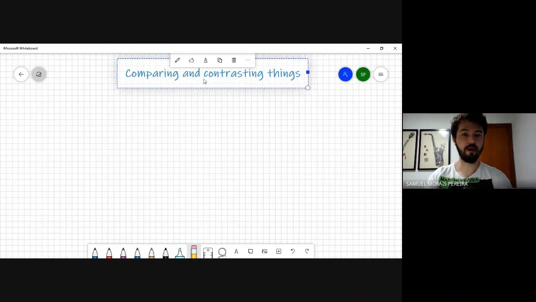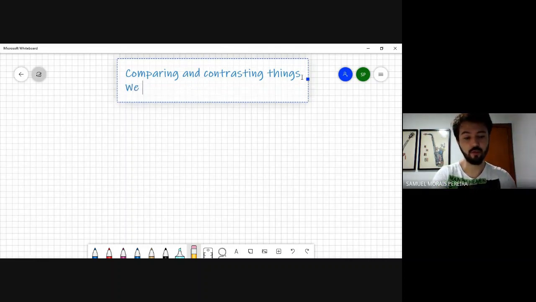So when we compare and when we contrast things, we point out, olha, we point out similarities and or differences, okay?